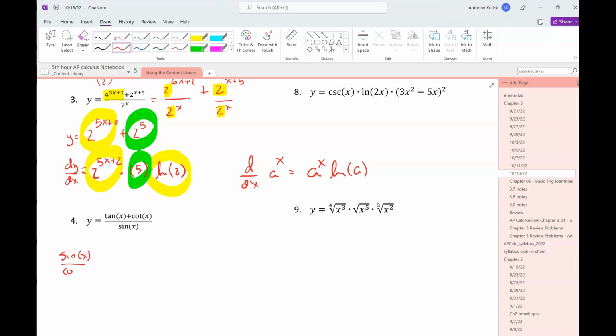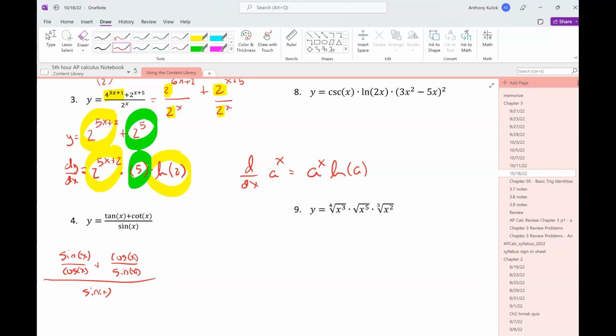So remember, tangent is sine over cosine, and cotangent is cosine over sine. Everybody's okay with that?